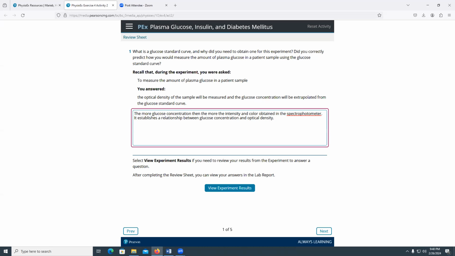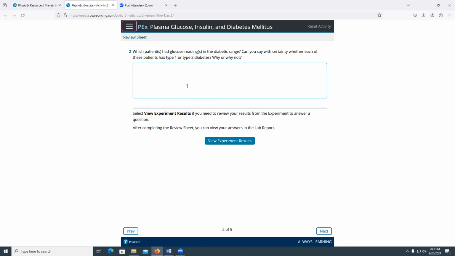We extrapolated the fasting plasma glucose values based on the intersection with optical density that we knew from part one of the experiment to represent known glucose values.